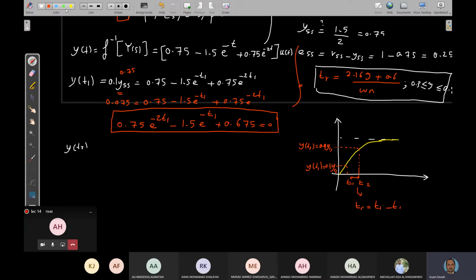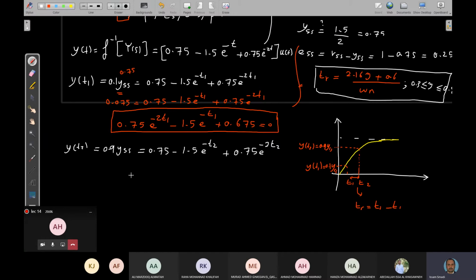Okay. So y of T2 equal to 0.9 y steady state, which will equal 0.75 minus 1.5 exponential of minus T2 plus 0.75 exponential of minus 2T2.